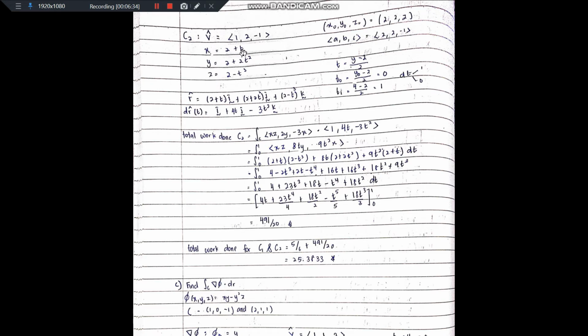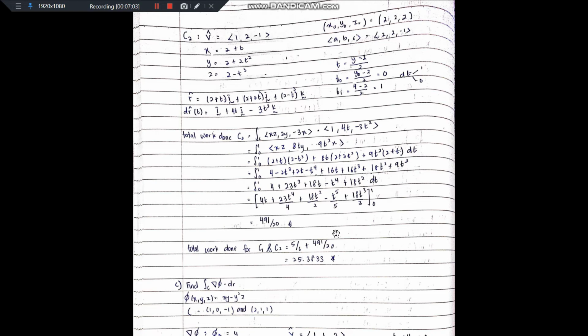So x equals 2 plus t, y equals 2 plus 2t squared, and z equals 2 minus t cubed, and from here we find the limit for t, which is 0 to 1. Then we write x, y, z in vector form and differentiate with respect to t, and we get dr equals 1 i plus 4t j minus 3t squared k. Then we substitute all the values into the equation.